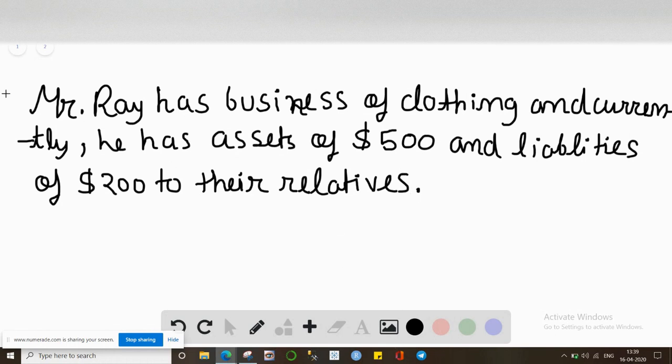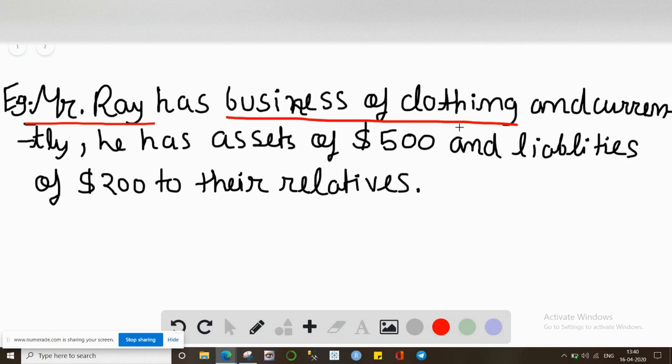So what do we have? We have Mr. Ray, who is dealing in the business of clothing, like purchasing clothes from the local area or importing good material cloth from outside of the country, and selling the clothes in local boundaries to earn revenue.